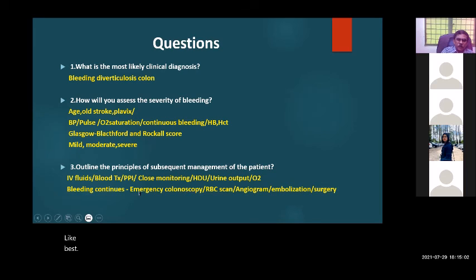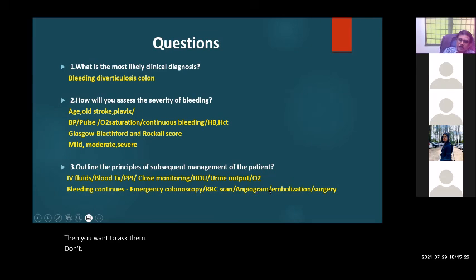If the patient is not fit for colonoscopy, let's say the BP drops, patient is drowsy, then you dare not take him, you can't do a colonoscopy on this patient, he will die on your table. Then you may want to do an RBC scan also. Most places don't have the RBC scan because it involves radioactive material. So you do a CT angiogram.